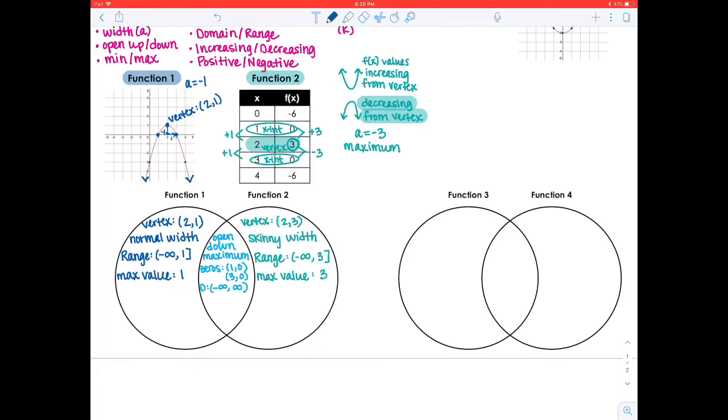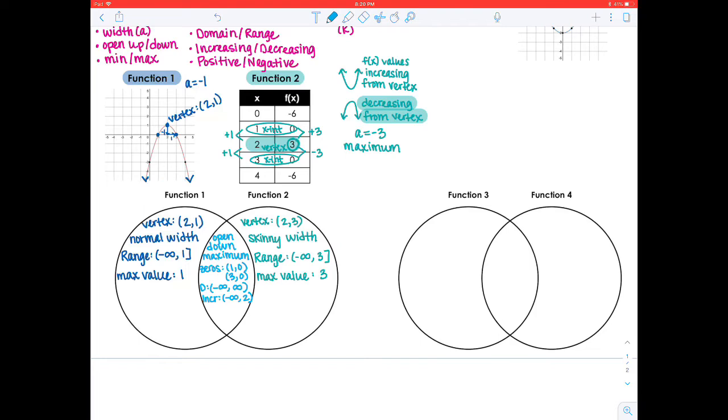So they should have the same increasing interval, from negative infinity to 2. And that's because they share the same h, which is the x value of the vertex.